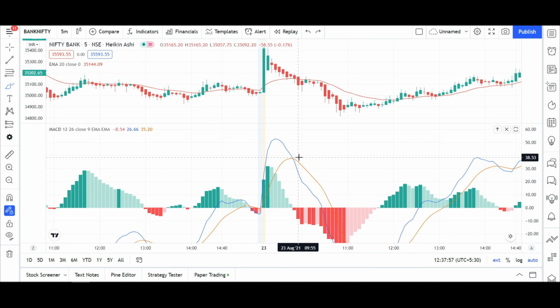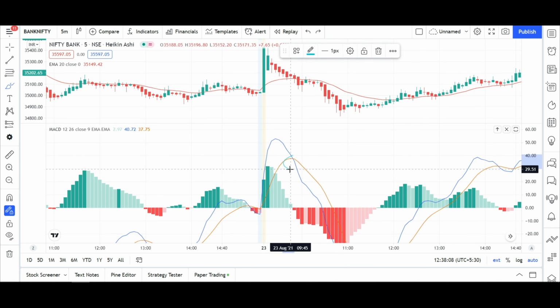Okay, let's ignore the histogram for now. If the MACD line crosses from above it like this right here, it indicates a bearish trend. So it had crossed it over here exactly at this point right here. Okay, so this is supposed to be our entry point.